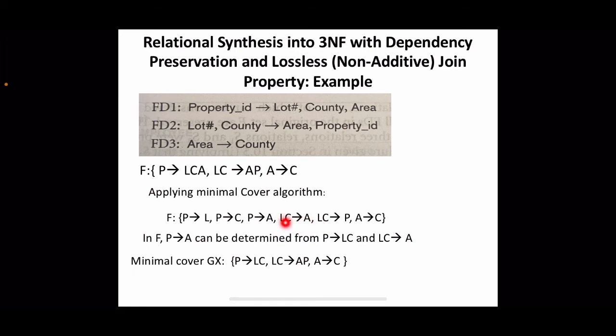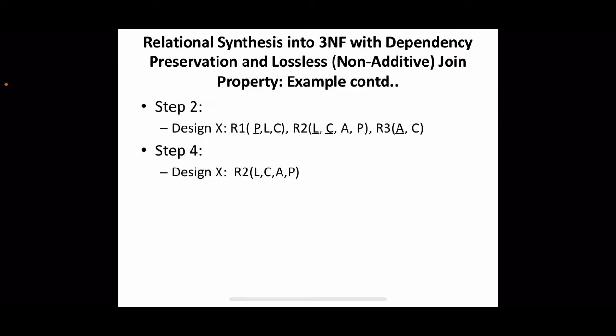So by the transitive rule, we can infer P determines A. So it is actually redundant. We can remove that dependency. So P determines LC, LC determines AP, and A determines C are the set of functional dependencies in the minimal cover.